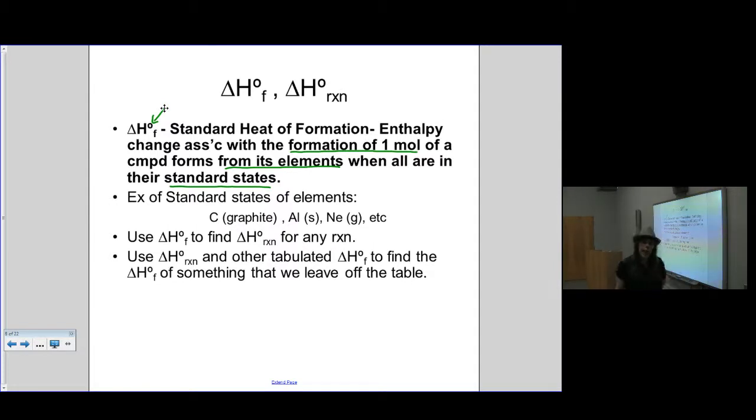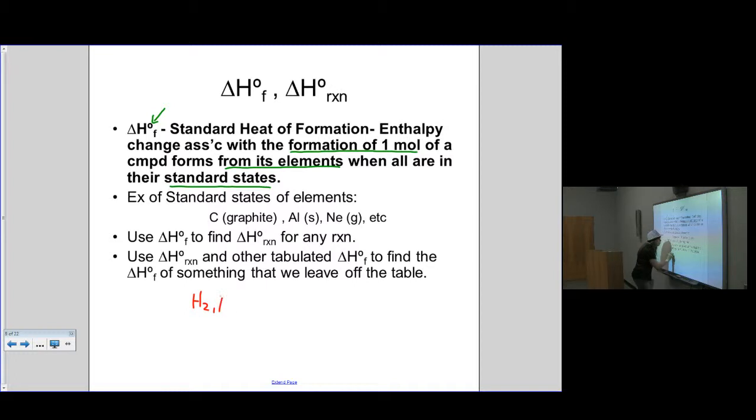Those would be the atoms in the periodic table. For example, carbon, which, by the way, in its standard state is graphite. Aluminum, in its standard state, is a solid. Neon, in its standard state, is a gas. What else might you need to be on the lookout for? Well, you remember those 7 elemental molecules.